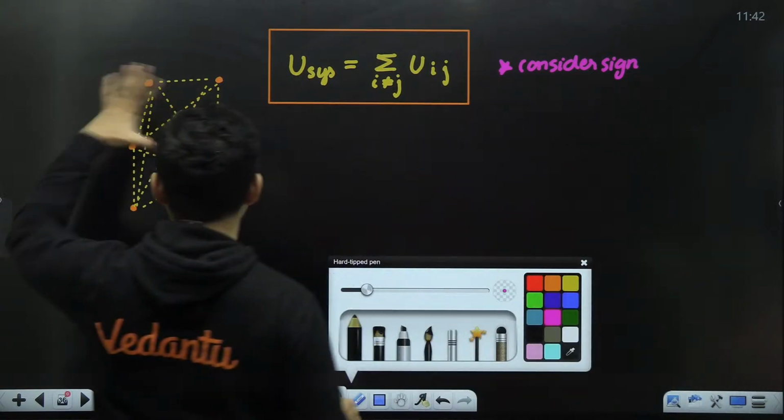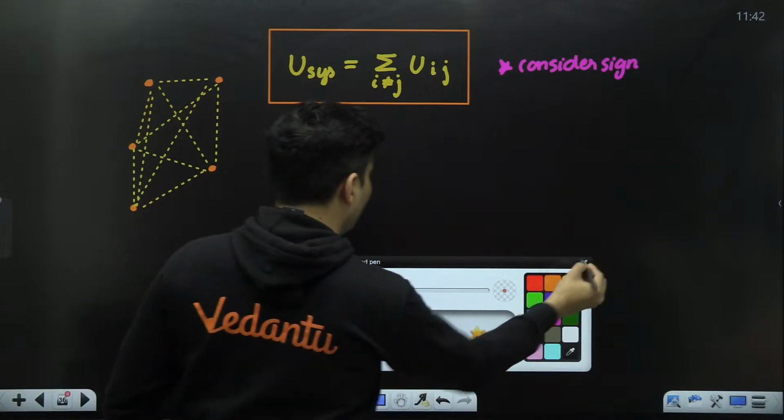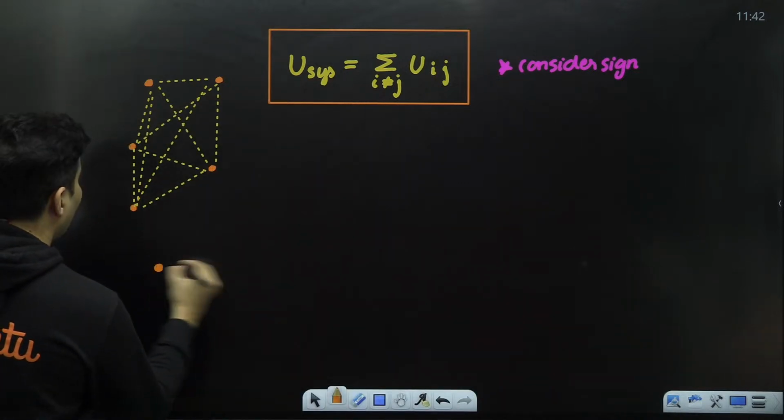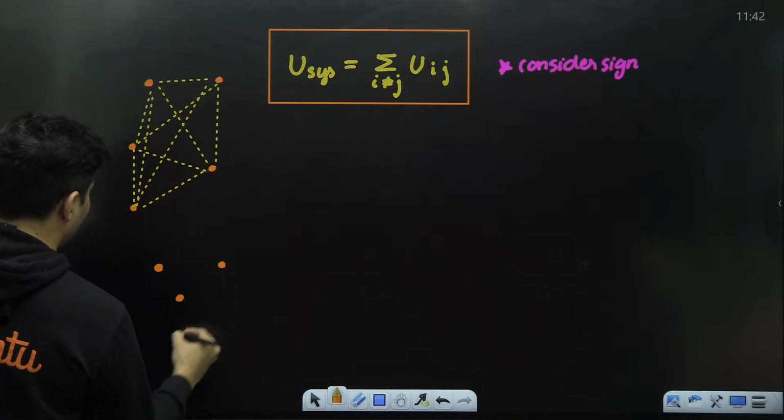Now, sometimes you change the configuration. Maybe the masses are moved around, and maybe one mass is brought here and this mass is here.